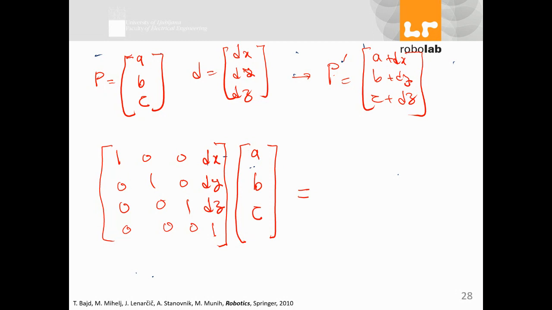You cannot. Why? Because this matrix is 4 by 4, and what you have is 3 by 1. And we learned that these two dimensions must be equal to be able to do the multiplication. And that's 100% true.